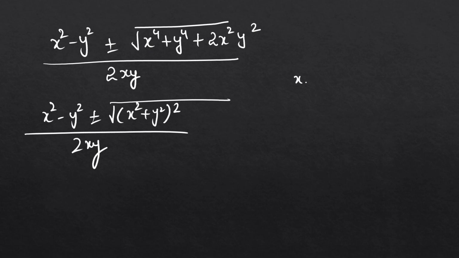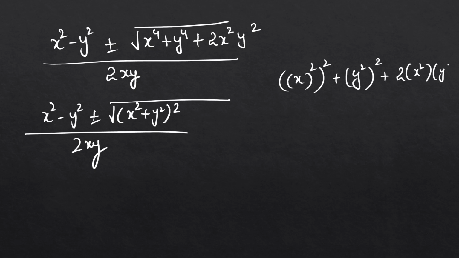How? Because we can write x square square plus y square square plus 2x square y square. It is a square plus b square plus 2ab, so it is x square plus y square whole square.